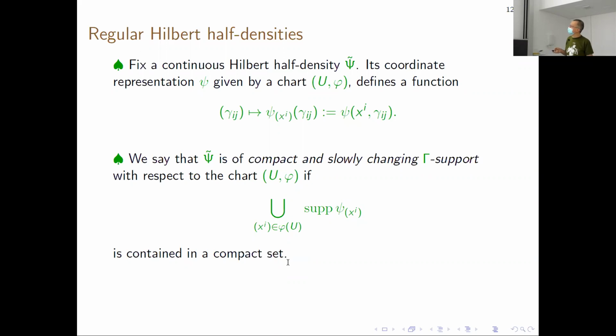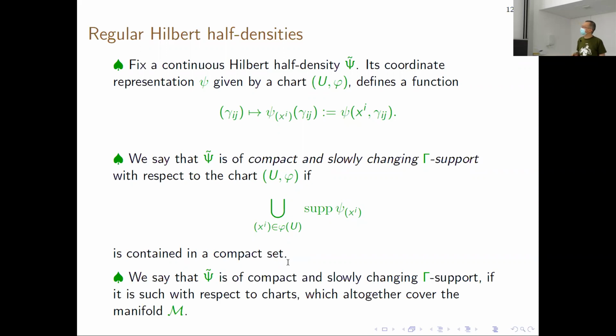And why slowly changing? Well, look, all these supports have to be contained in one compact set, which means that if I change the value of the coordinates here, this support cannot suddenly become very, very large or suddenly change its position too much in the space of components.